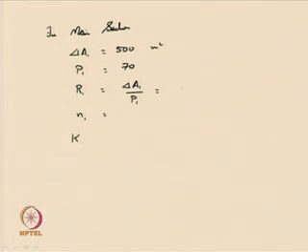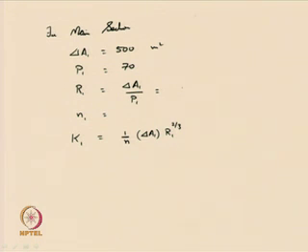Subsequently, you can compute the conveyance factor for the main section K1, which is nothing but 1 by n, del A1, R1 to the power of 2 by 3.